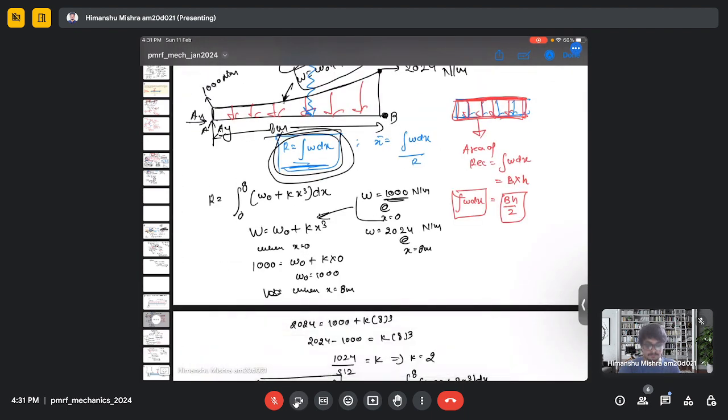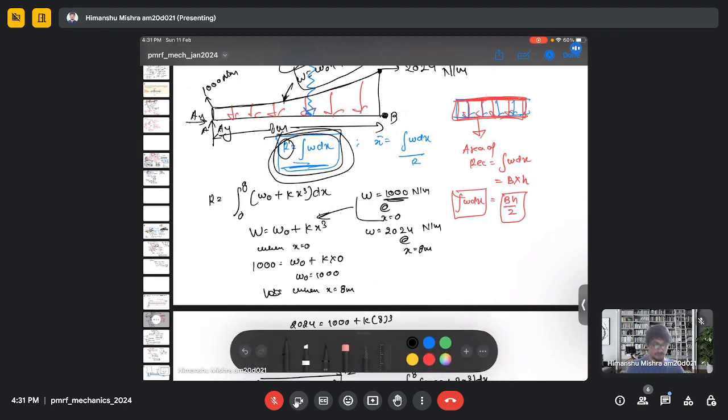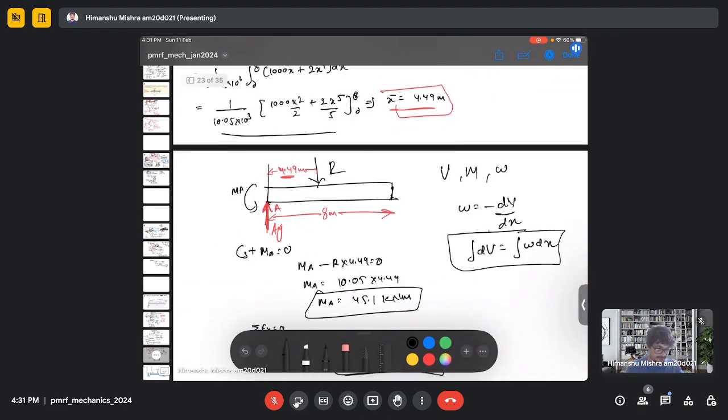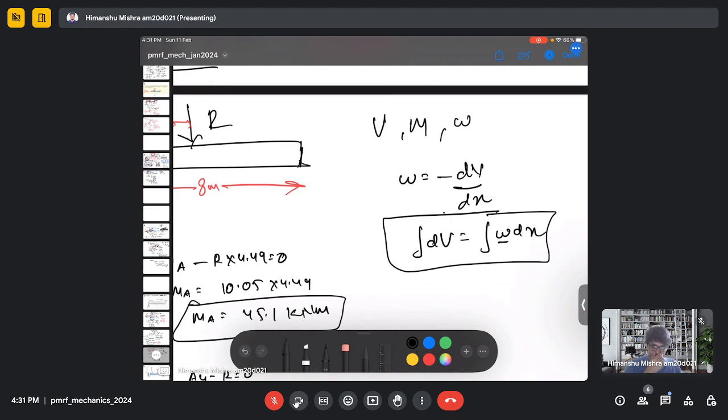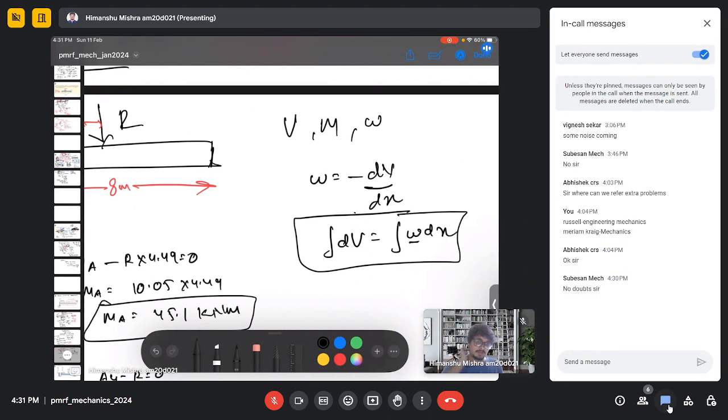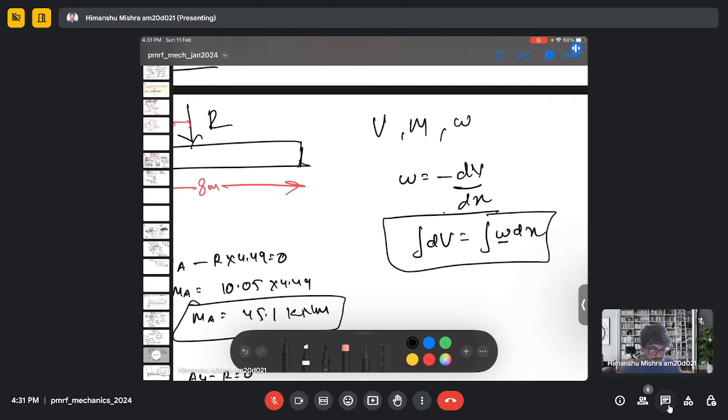Basically R is my shear force. So the shear force can be given by the area under the curve of force per unit length, and the force per unit length is just the rate of change of shear force in the horizontal direction.